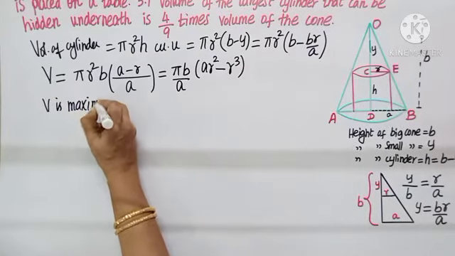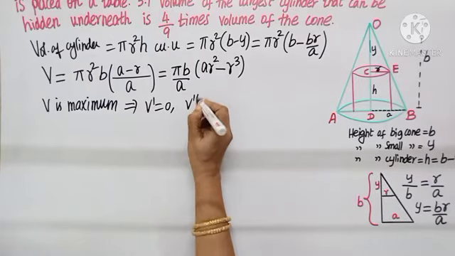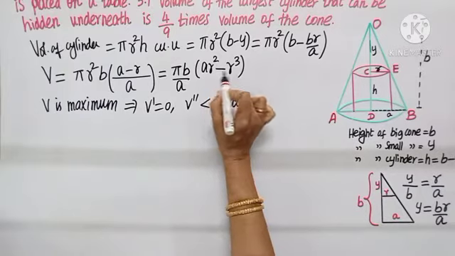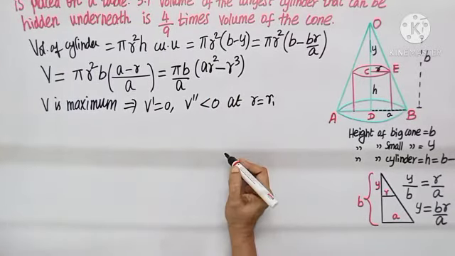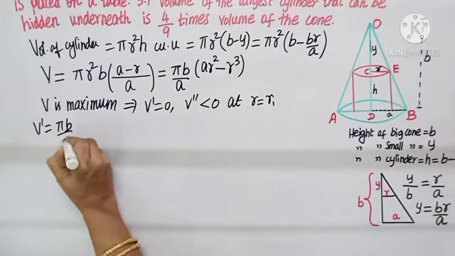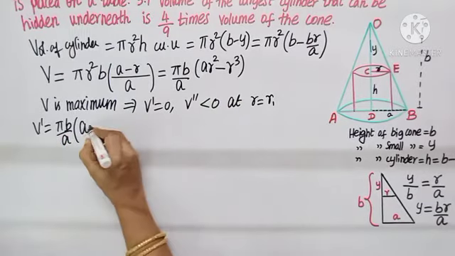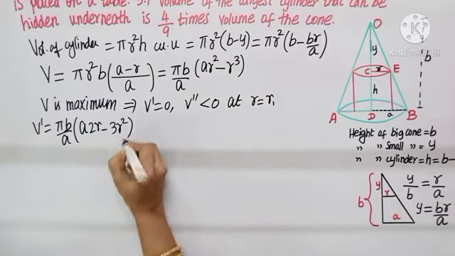What is the condition to be maximum? V dash 0, V double dash less than 0 at the variable is radius, so r equals some r1, some value of r. Find out V dash. Pi b by A into A. R square will become 2r, r cube will become 3r square.